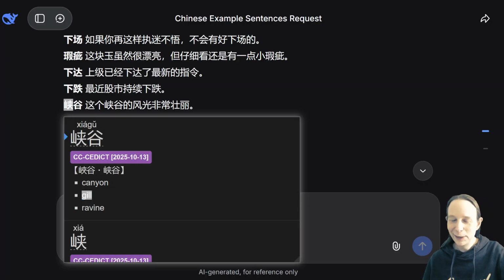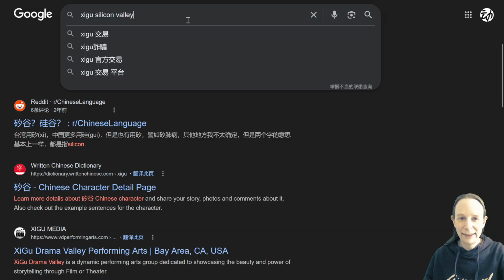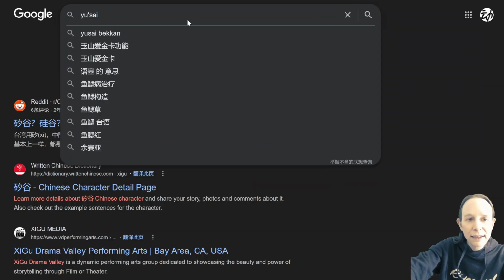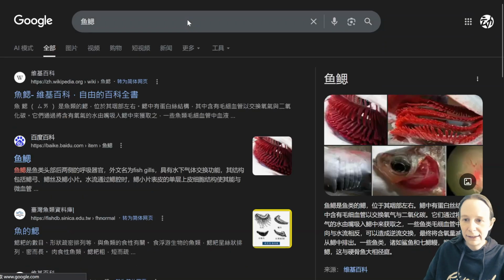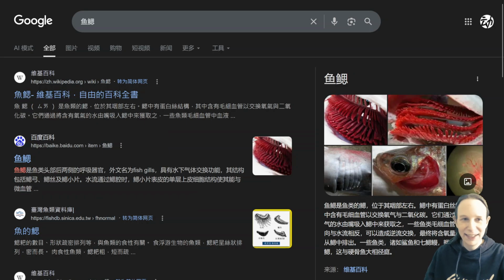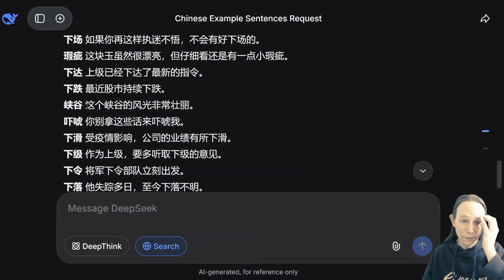I'm guessing this gill does not pertain to fish. Say this is gill in a fish. I don't know, maybe there's some geological term called gill that I'm not aware of. And ravine, dagu. Okay, yeah.